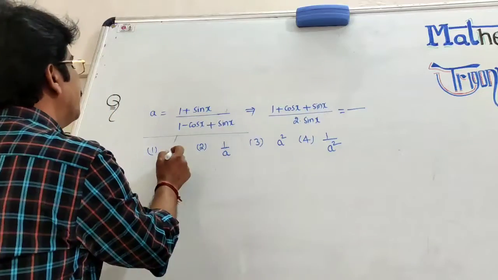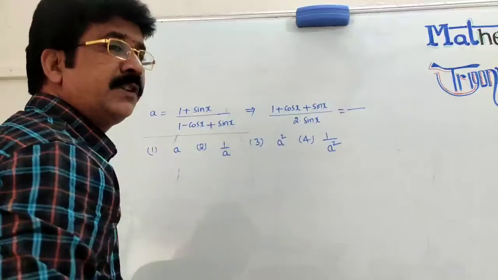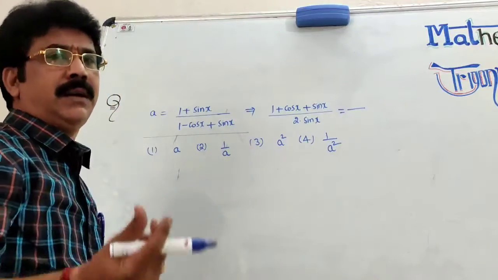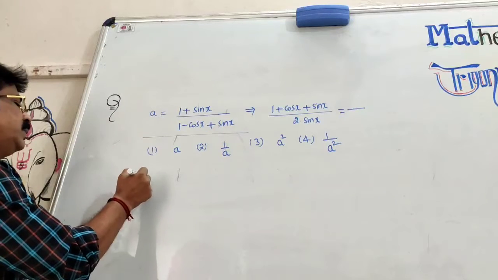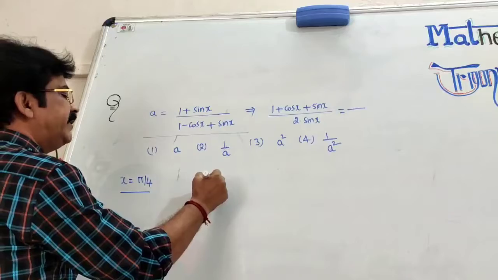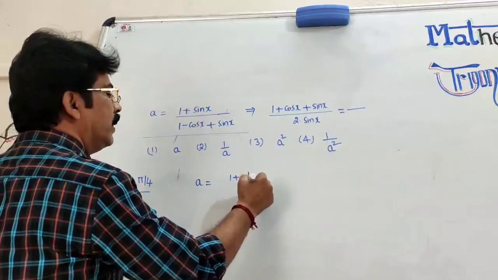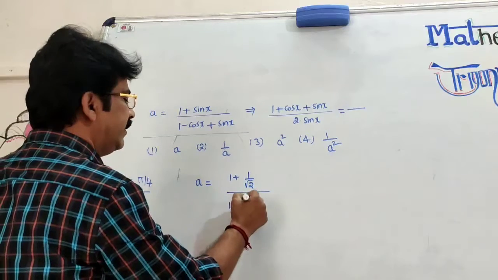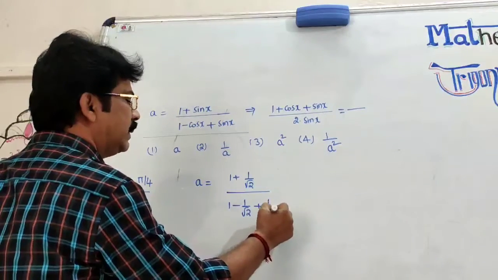First option gives 1, second option 1, third option 1, fourth option 1. That's why we are changing to a random value. So take x equal to pi by 4. Then small a is equal to 1 plus 1 by root 2 divided by 1 minus 1 by root 2 plus 1 by root 2.